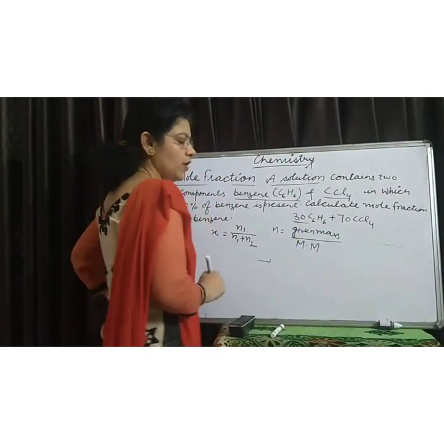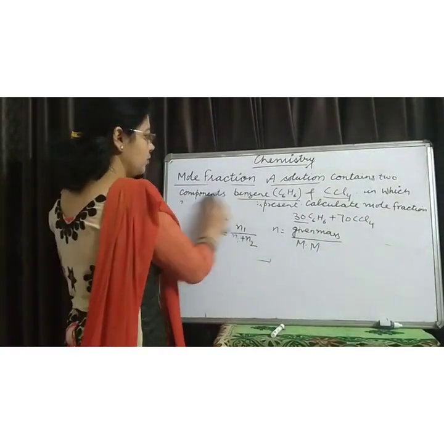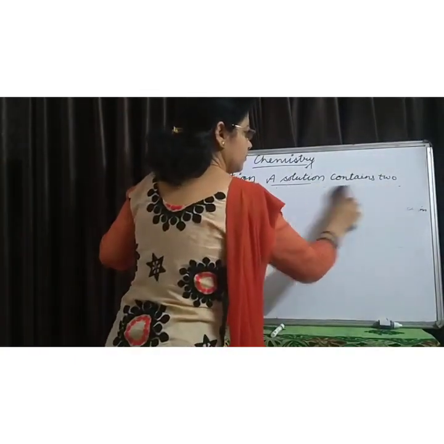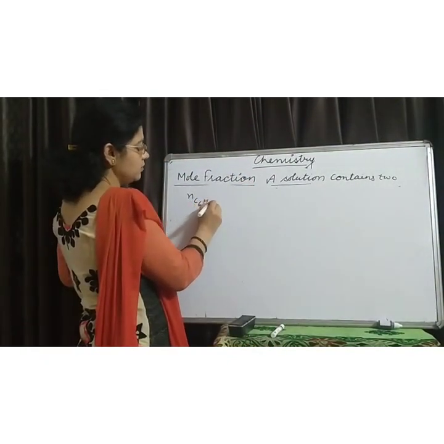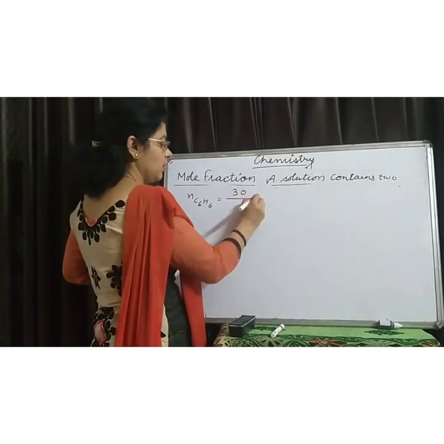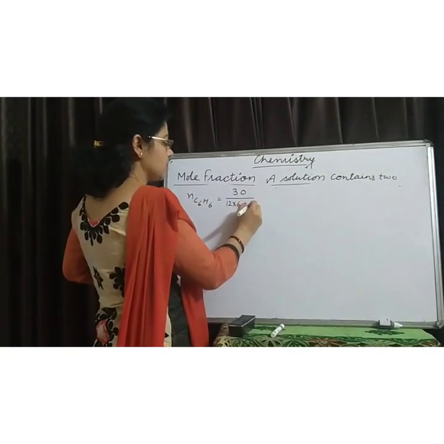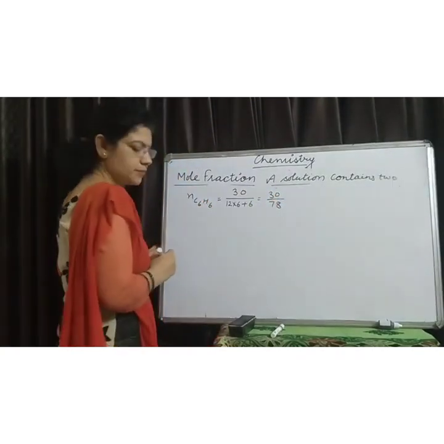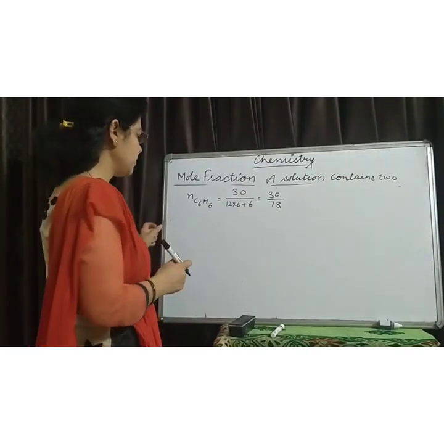First, the number of moles of benzene: the mass of benzene given is 30, and its molecular mass is 12 into 6 plus 6, that is 30 upon 78. When you solve this, you get the moles of benzene.